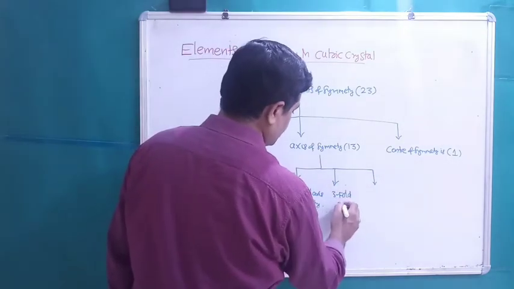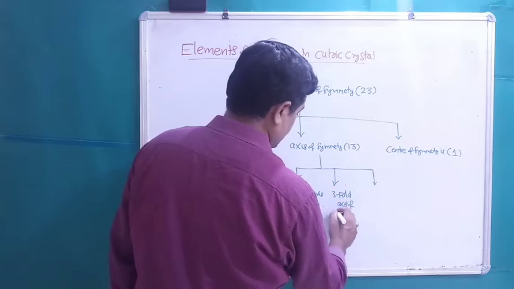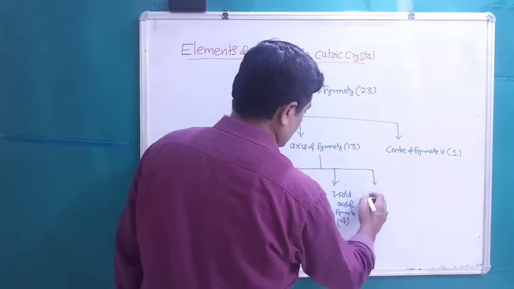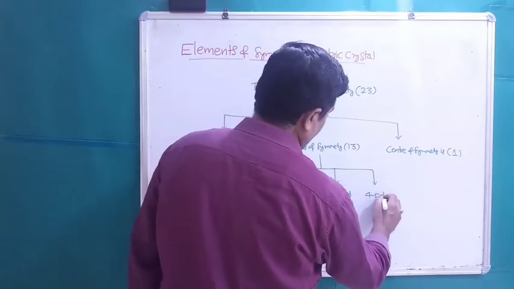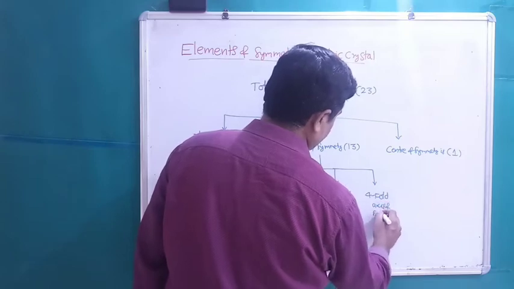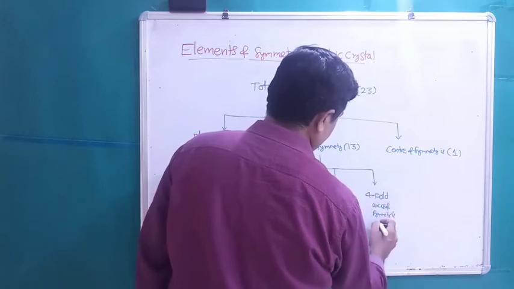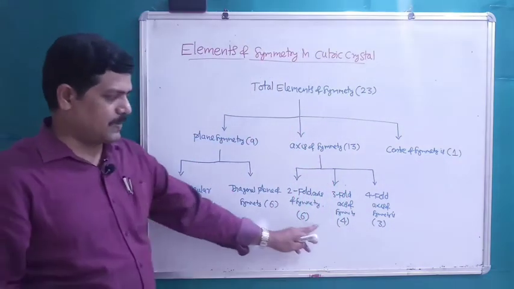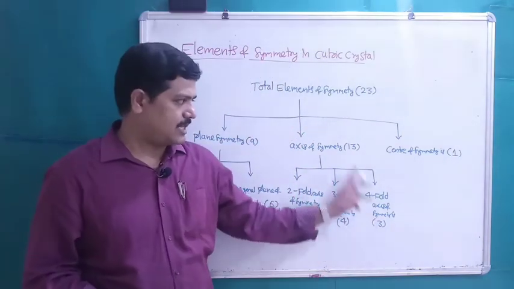Three-fold axis of symmetry is 4, and four-fold axis of symmetry is 3. Total we are getting axis of symmetry 6 plus 4, 10 plus 3, 13.